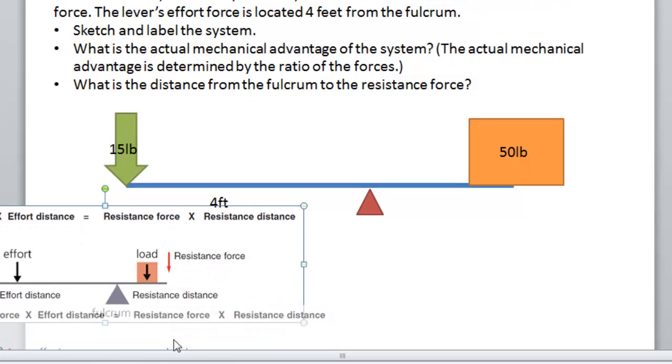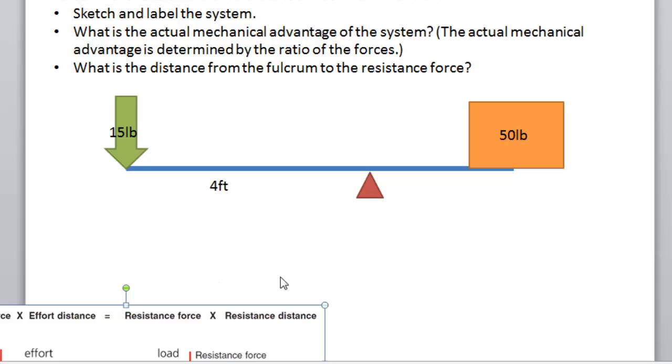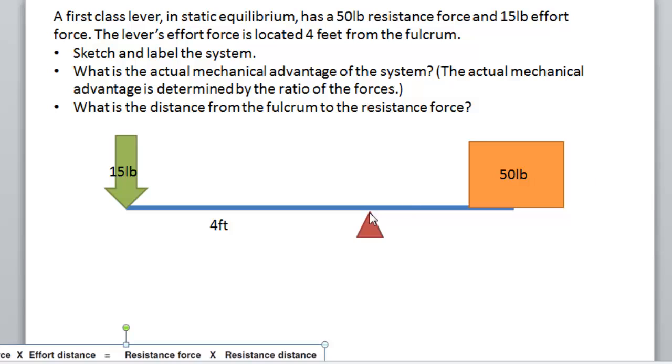So this would be my sketch and label of the system. What I don't know is this resistance distance, so I'll type in a little dr for that, because that number is missing.